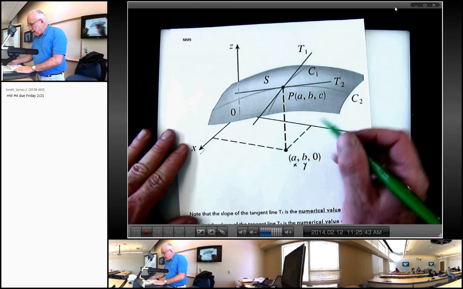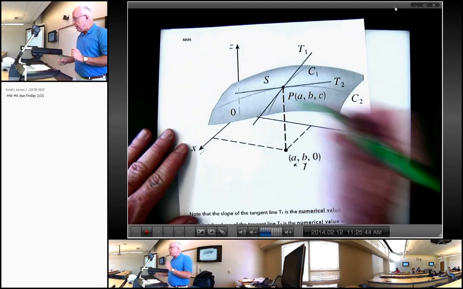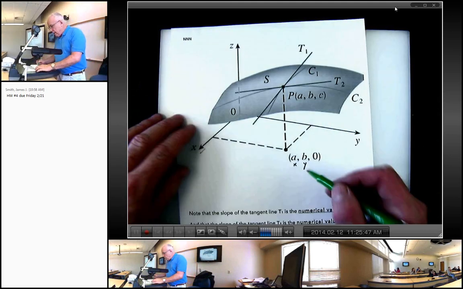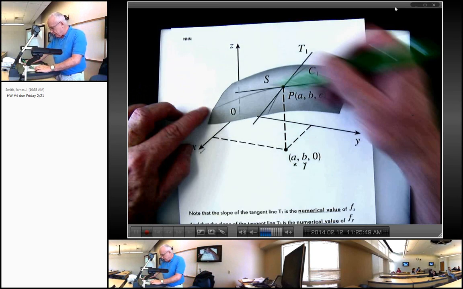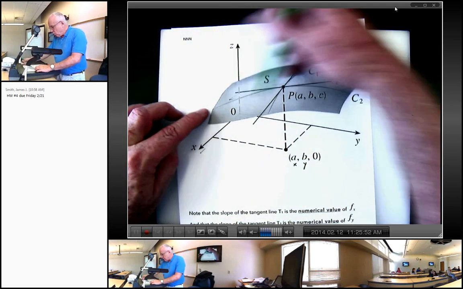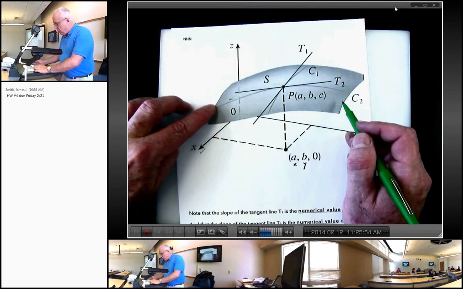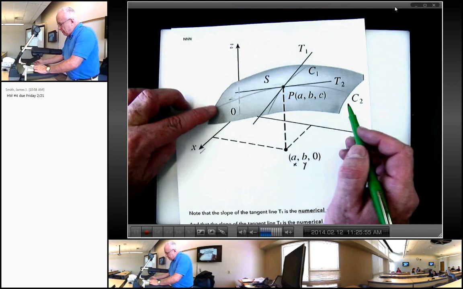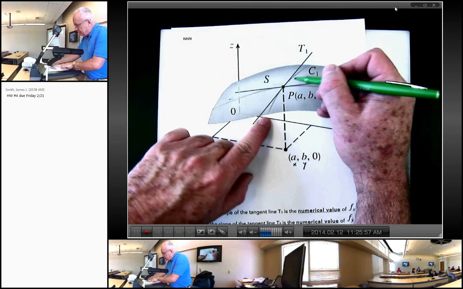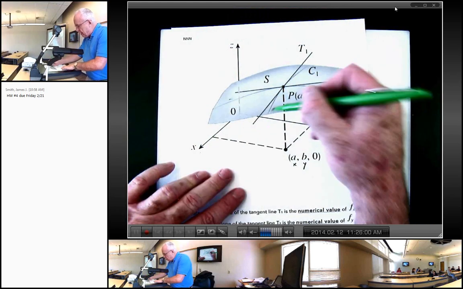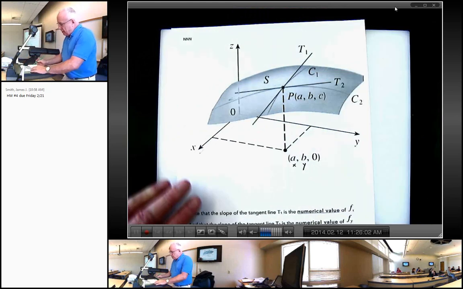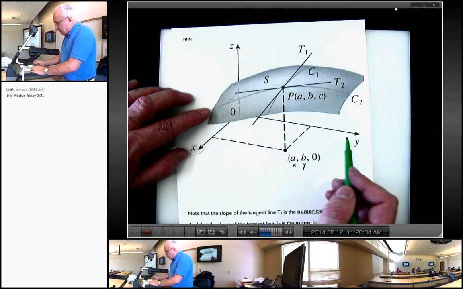Now if we basically cut this surface in two ways. One way where we just cut it so that we are going along the y-axis. The other way we cut it is if we're going along the x-axis. So if you can kind of see this, here's the y-axis.